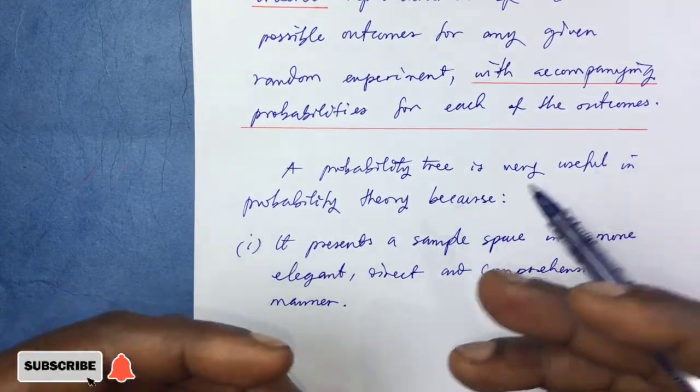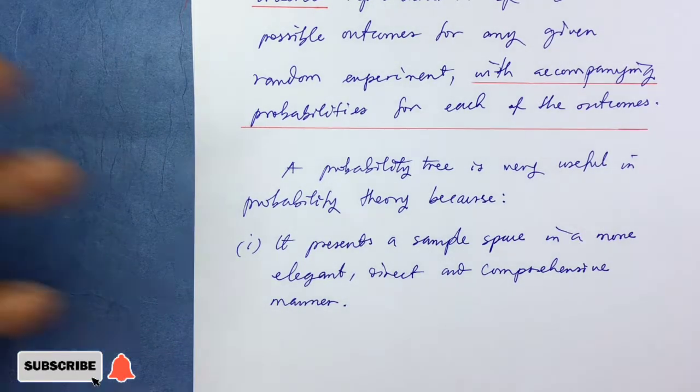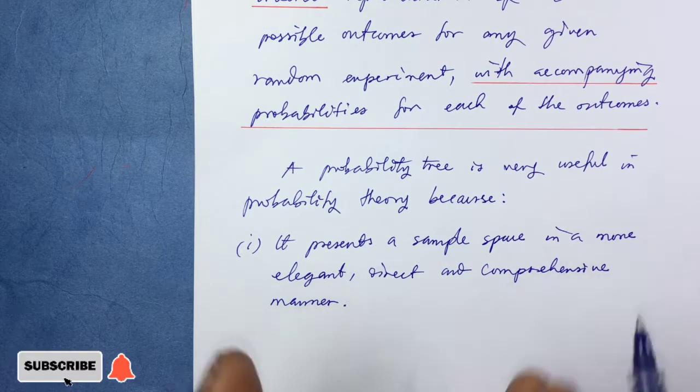This was absent in the theoretical representation of a sample space in our earlier videos. Using the probability tree ensures some elegance or beauty in your presentation of the sample space. It is also very direct: in an ordered manner, you can get the outcomes that should be in the sample space. And comprehensively, you can put up a sample space.